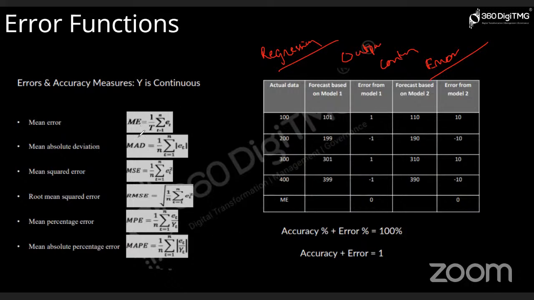Various methods by which we can find error are mean absolute deviation, mean squared error, root mean squared error, mean percentage error, mean absolute percentage error. Out of these, two are the most important: RMSE, root mean square error, which is quite often used, and second one is MAPE, mean absolute percentage error. If we are having a continuous value, we will use this.